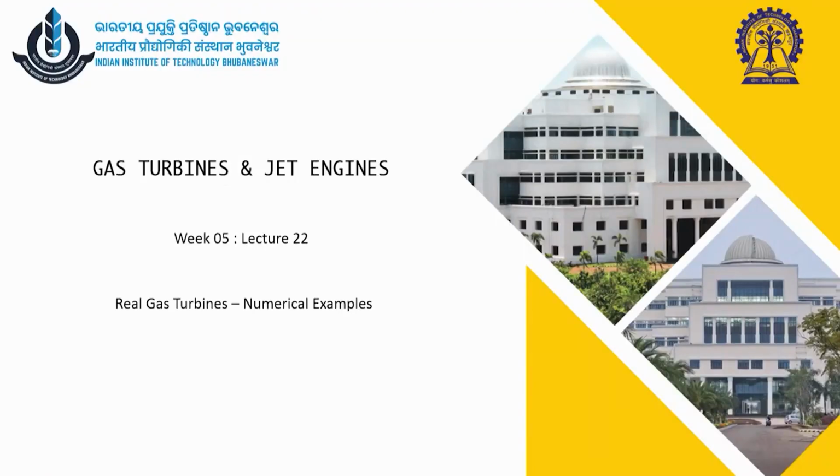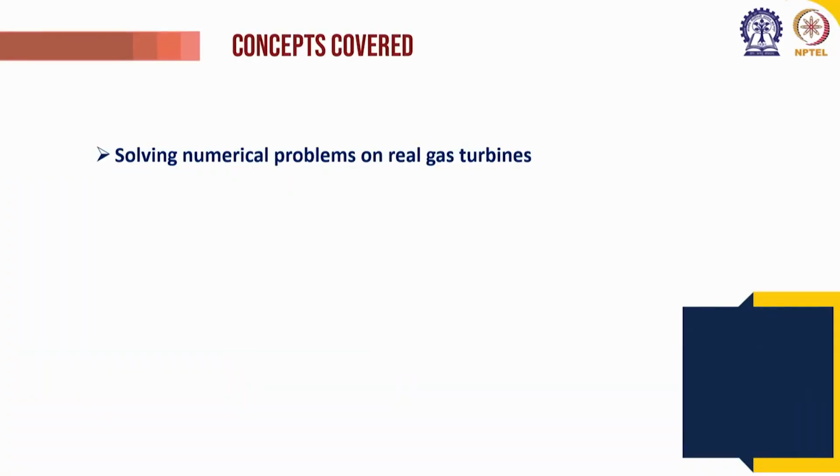Let us take up a problem which has multiple differences compared to the ideal cycle, and then see what parameters we obtain and how they differ from the ideal cycle. We will practice in today's class and the next class how to solve numerical problems for real gas turbines.